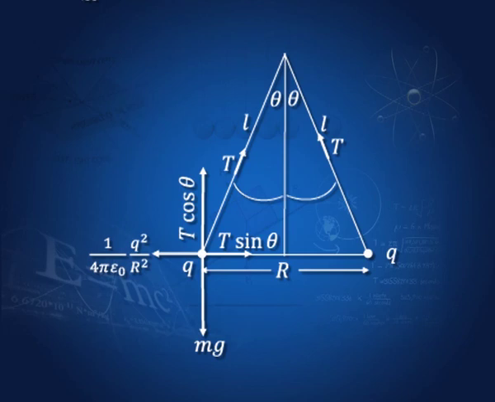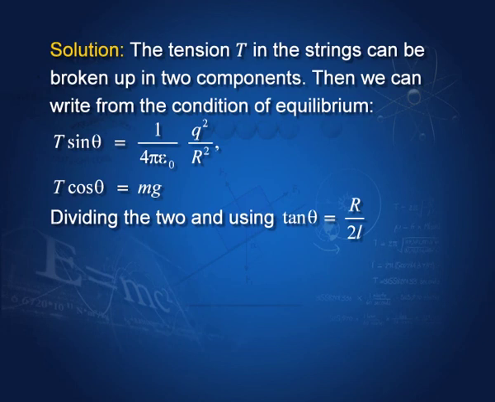It is a simple matter. T sin theta is equal to this, T cos theta is equal to this, mg. So, divide one by the other, then we will get tan theta equal to r by 2l. So, tan theta is r by 2l.